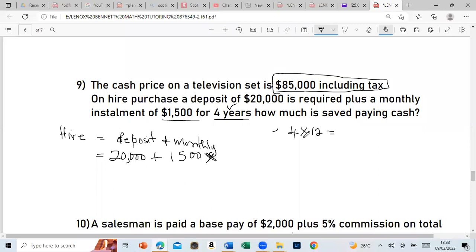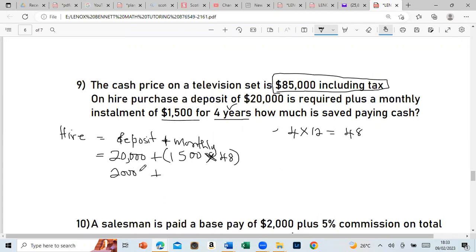So since it's 4 years, you multiply by 12 and you get 48. So basically, what you're going to do is multiply this by 48, because for 48 months you're going to pay this fixed amount. You could add 1,500 48 times, but we know the easiest thing is to multiply.